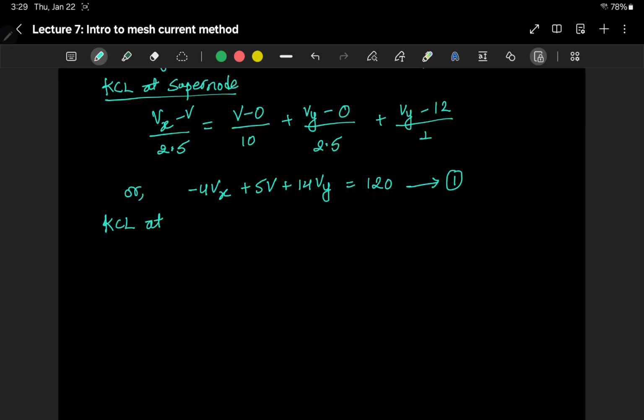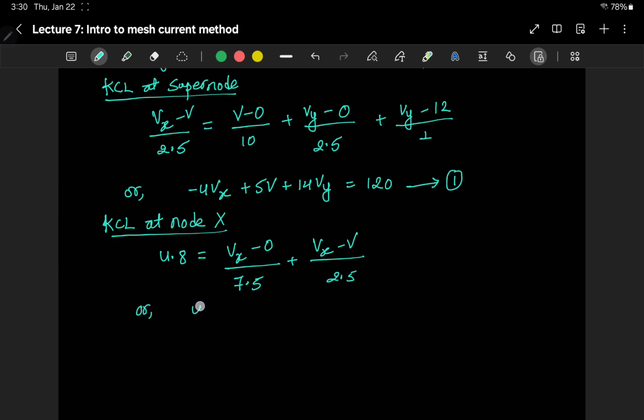KCL at node X. So what we'll get is 4.8 is the entering current, and the current that exits is Vx minus 0 divided by 7.5 plus Vx minus V divided by 2.5. So if we simplify this again, we get 4Vx minus 3V equals 36. So that will be our equation 2.